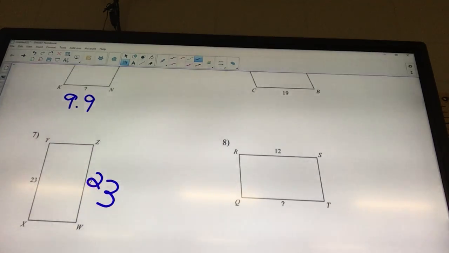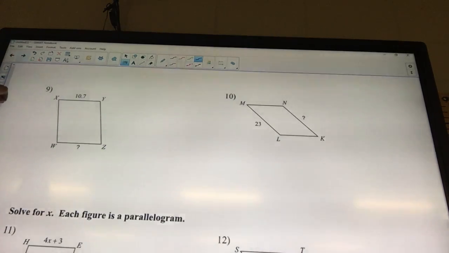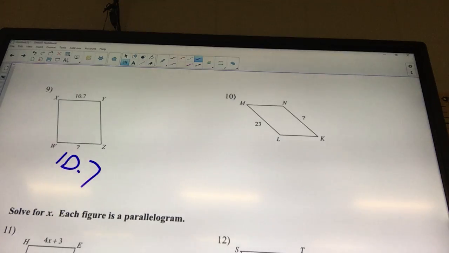It could be, it could not be, but it looks like this would probably be a right angle, but I cannot say that for sure right now. We're going to get into how to solve for sides and the angles eventually. And the last one, if this is 10.7, what's the other side? 10.7, nothing crazy going on.